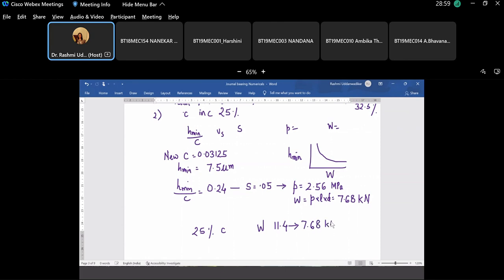You can find out the percentage, which means as long as the bearing is new, its load carrying capacity is good. The moment it becomes old and it is refurbished, this is still working. The friction is still low. It is working smoothly, but its load carrying capacity has reduced. So this is how we interpret the problem.